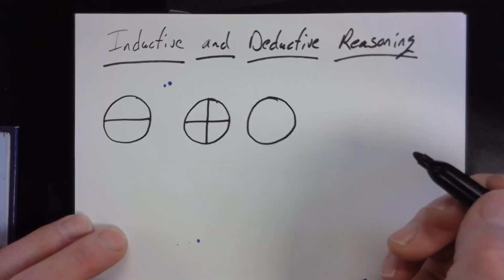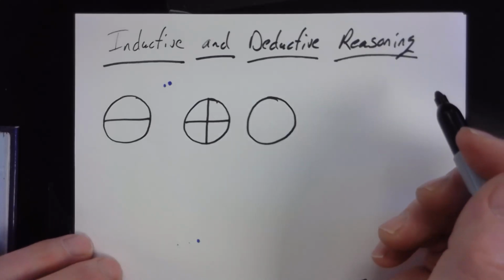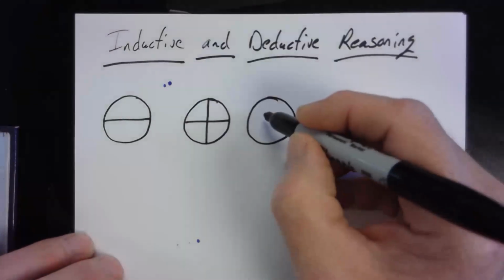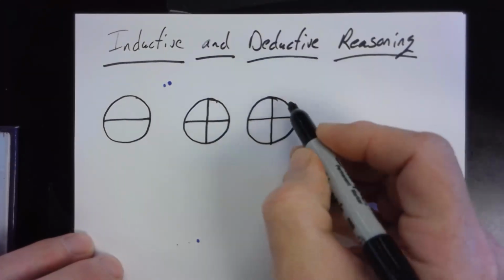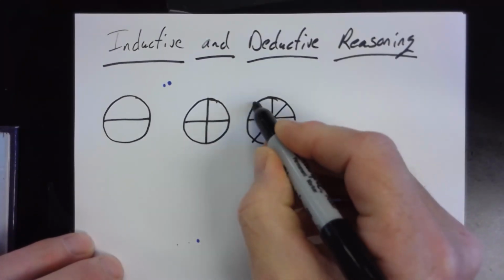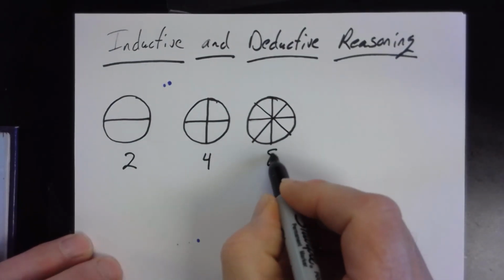Any guesses what this next one might look like? 8? I'm going to divide it into 8 pieces. So you have to read the other way. So you think it's going to look like, so you're seeing a pattern: 2, 4, 8 pieces.